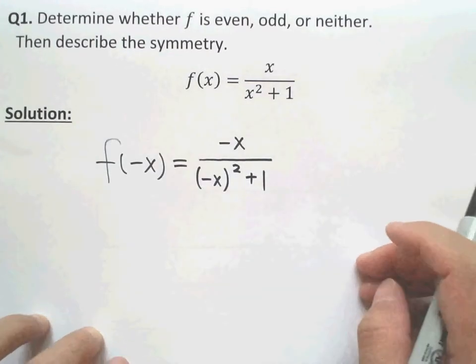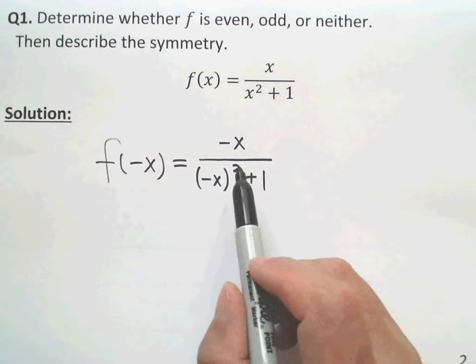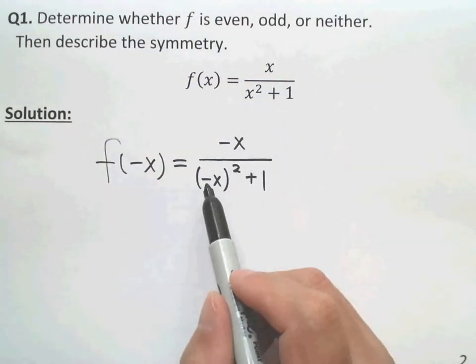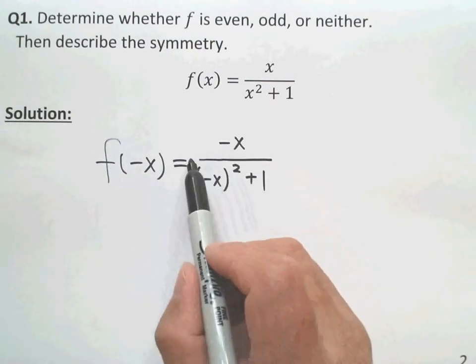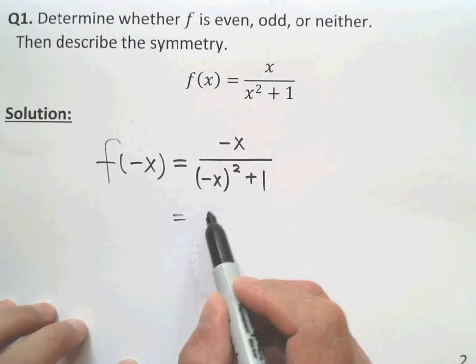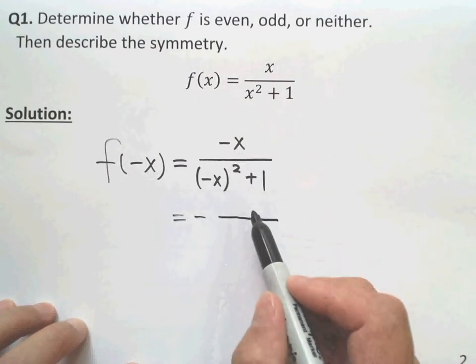So here, can we see? Now can we compare this to the original function? Of course, we need to simplify. What does it mean? Negative x squared equals x squared, right? And this negative we put out. So what do we get? Definitely we will get this. This negative, I still put a negative here. x is there.